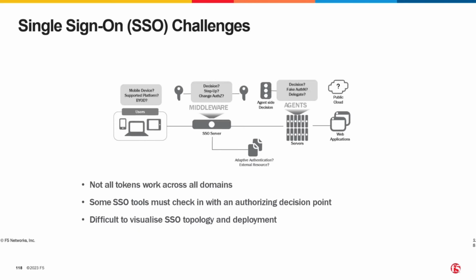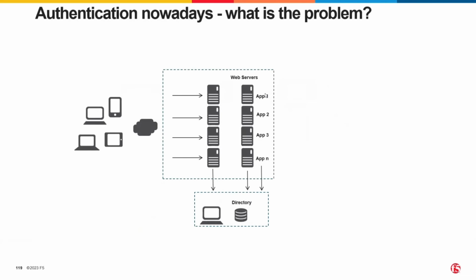So sometimes we will have to integrate a lot of different solutions together. And of course, when we have different applications to which we get access on different web servers, we would somehow have to integrate those services as well to work together.